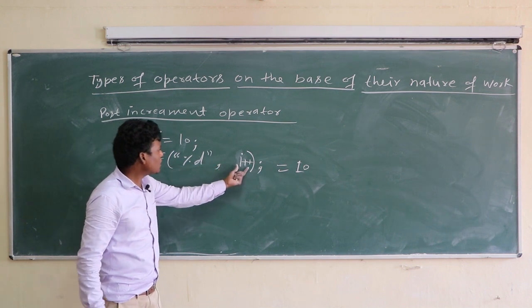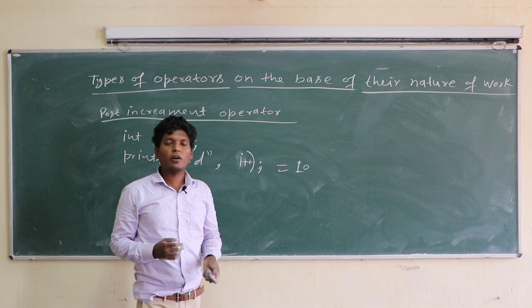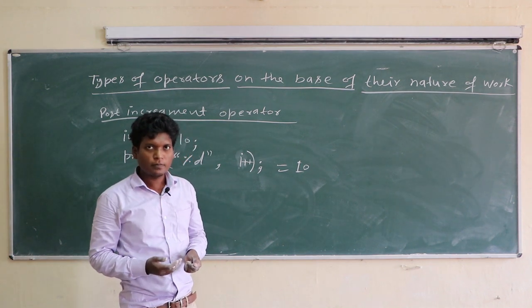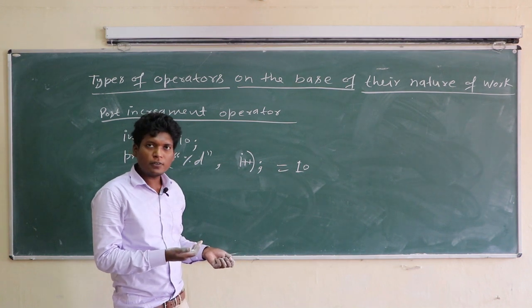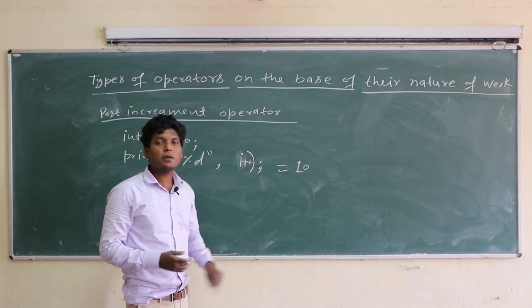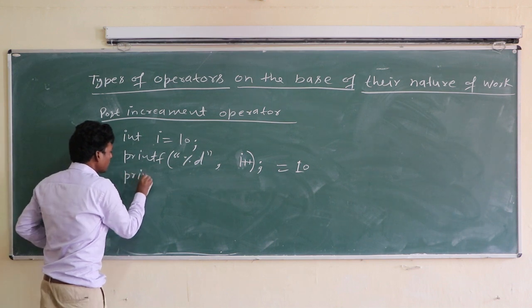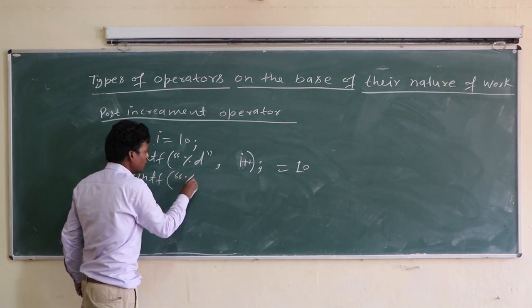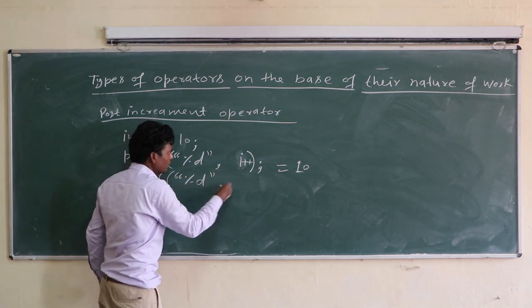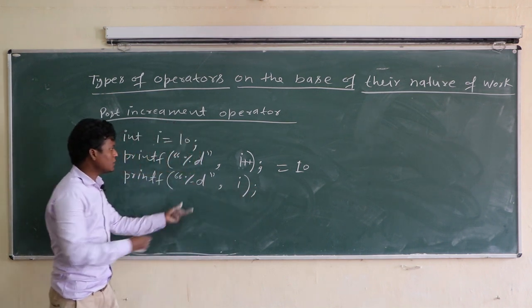So the I plus plus operation will be performed after the printf statement. So printf will print only 10, and after printf, I becomes 11. When you use another printf after this and print I, now the value is 11.